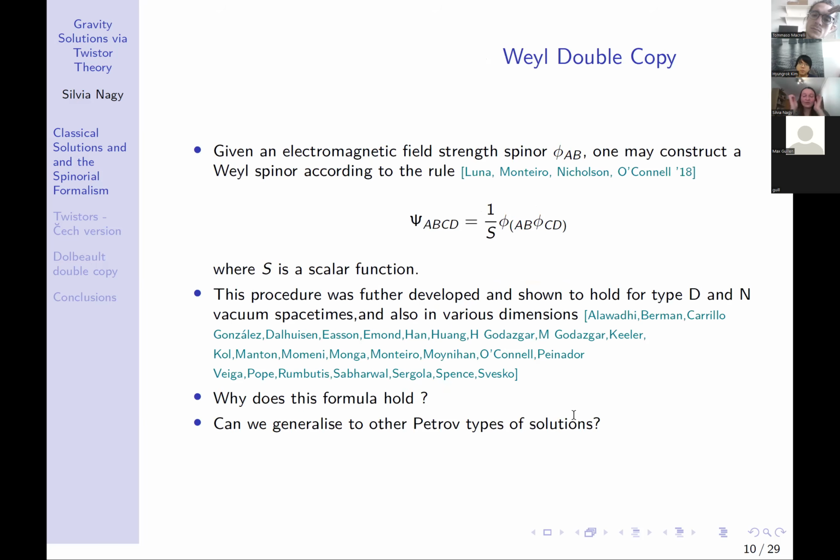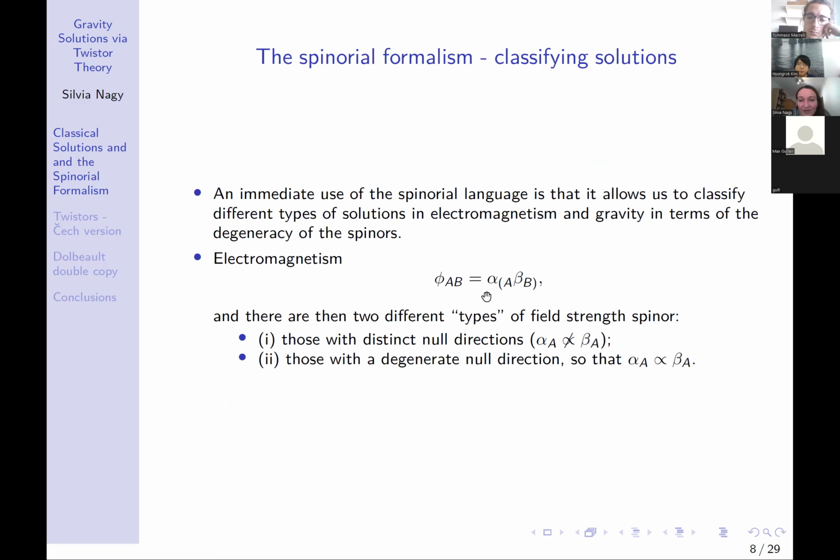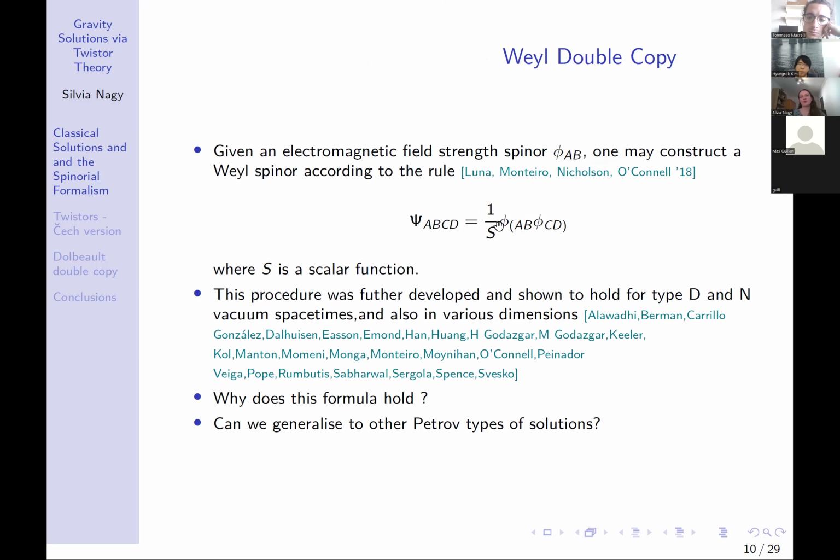Okay, so finally, we get to the Weyl double copy, which was introduced in 2018 by these authors. That was the observation that if I have an electromagnetic field strength spinor phi AB, one can construct this Weyl spinor as this very simple product, where S is some scalar function. This was shown in particular for type D solutions, and these phis were of the form of this first form here, where these are distinct. There are a few other formulations where we might have a phi and a phi tilde here.